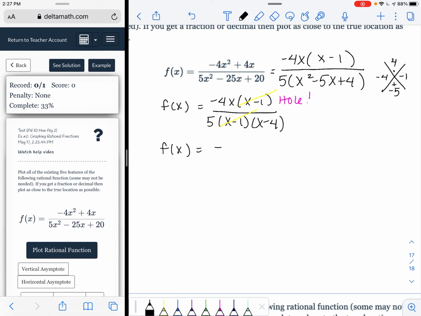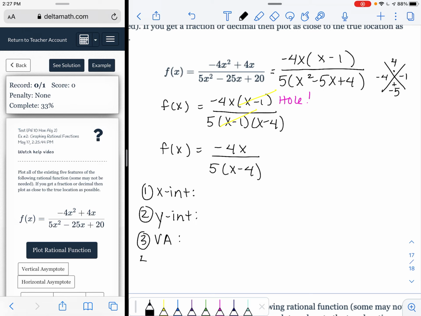That means our final version of our function is going to be negative 4x over 5 times x minus 4. Then we need to find all 5 characteristics. We need to find an x-intercept, a y-intercept, our vertical asymptotes, our horizontal asymptotes, and the hole.